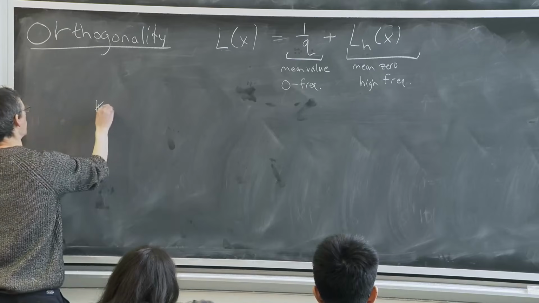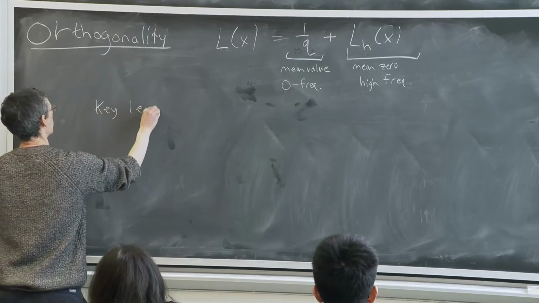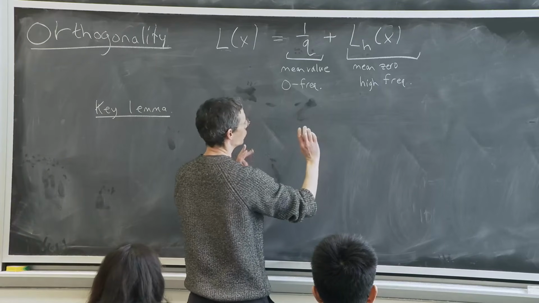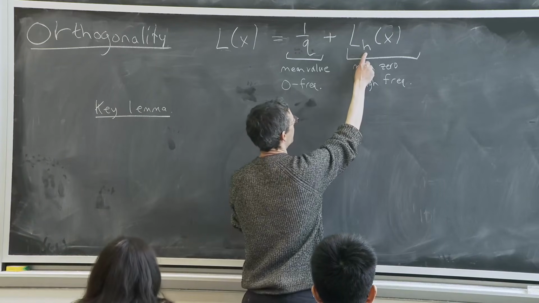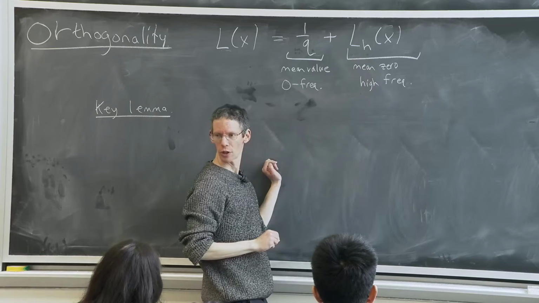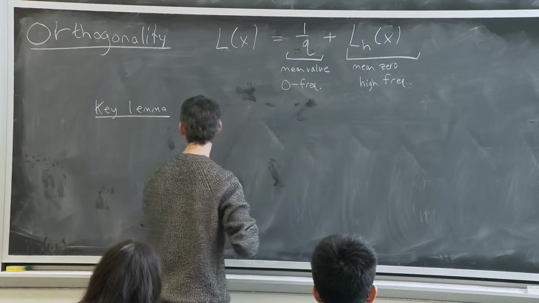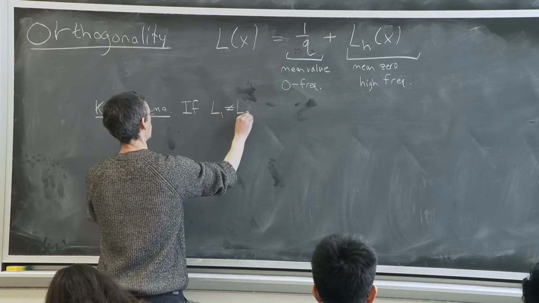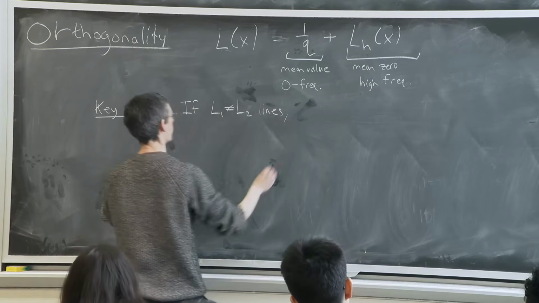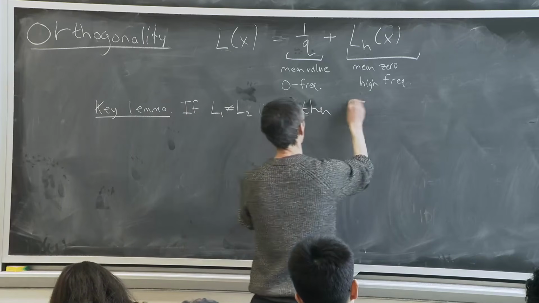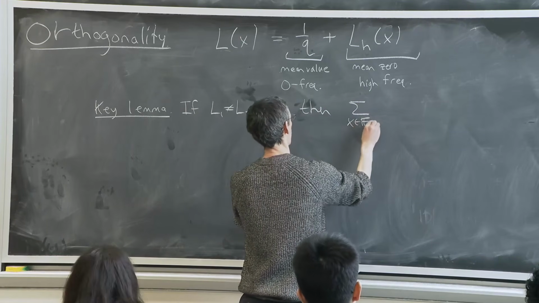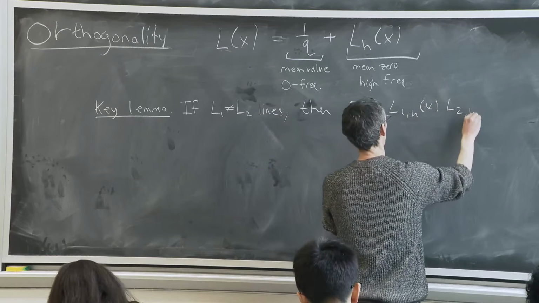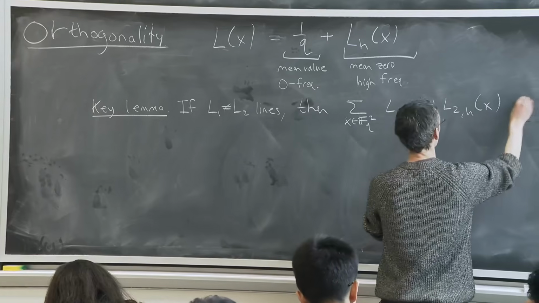Now, the key observation is that, oversimplifying just a little bit, these high frequency parts are orthogonal to each other. So here's a precise statement. If L1 not equal to L2 are lines, so we have two different lines, then the sum over all the points in the plane of L1h of x, L2h of x is less than or equal to 0.